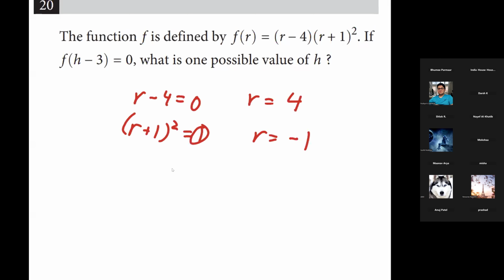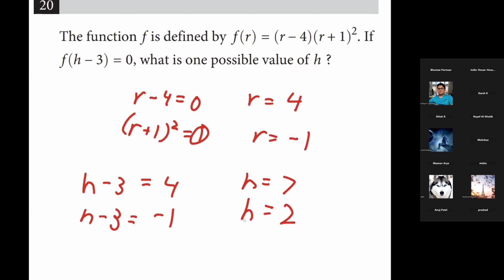That's supposed to be a 0. Okay. So that means r is either equal to 4 or r is equal to negative 1. And we know that h minus 3 is equal to r. So we just set those equal to each other. h minus 3 equals 4. h minus 3 equals negative 1. So that would mean h is equal to 7, or h is equal to 2.